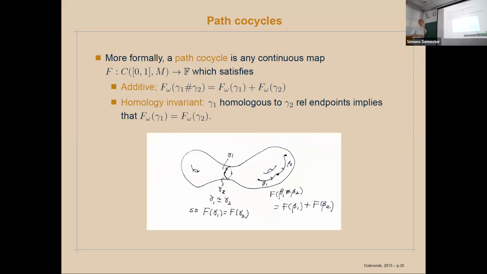This is the main object I want to think about, because this is the thing that builds the structure. A path cocycle is a map from the arcs into some general field, usually C or R, that is additive.